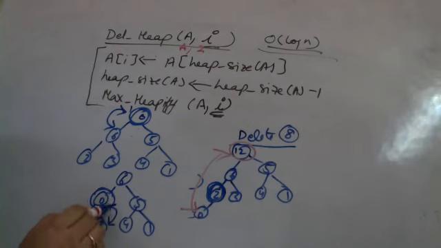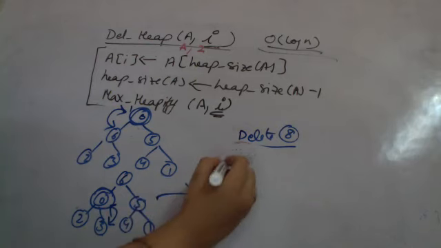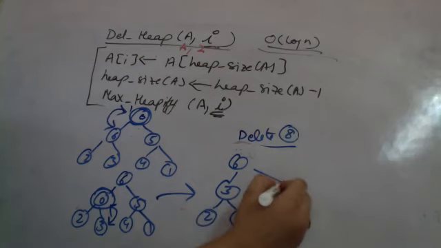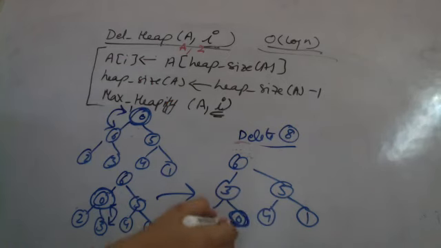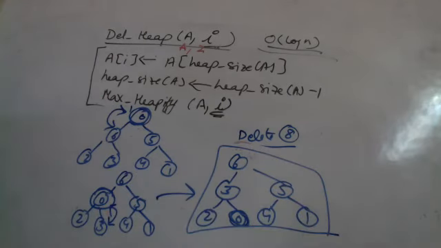They are swapped. So now the heap will be: 6 is here, 3 comes here, 2 and 0 are here, then we have 5, 4 and 1. Again heapify will be called for 0. It does not have any children, so it will come back. This is my final heap after deleting the element 12.